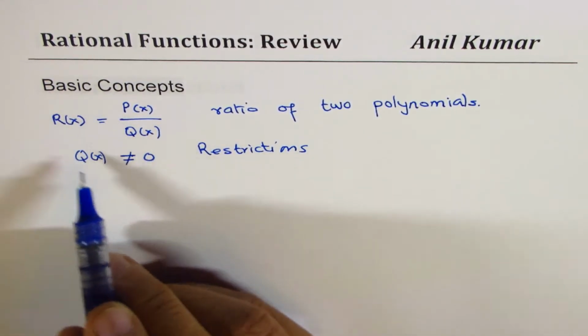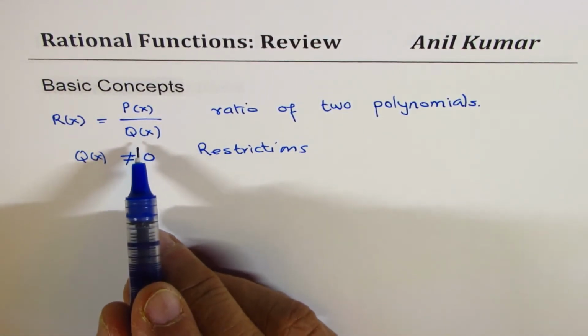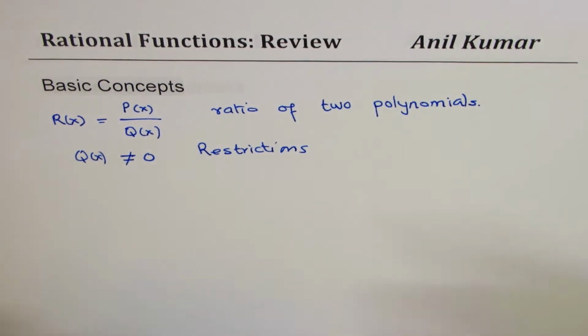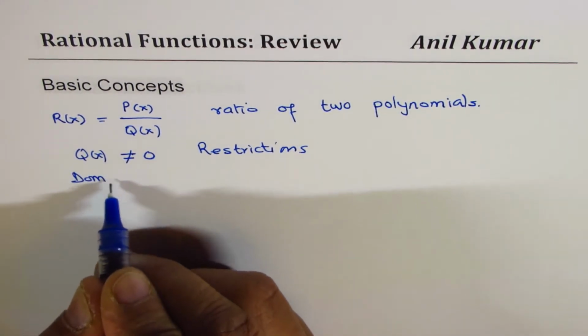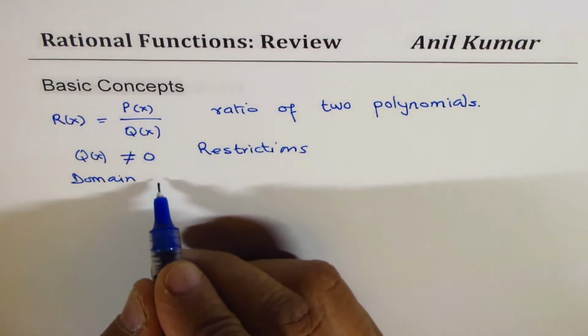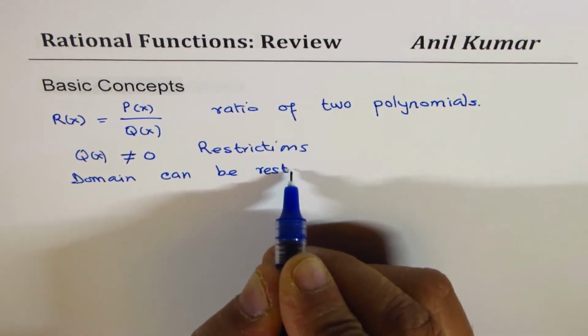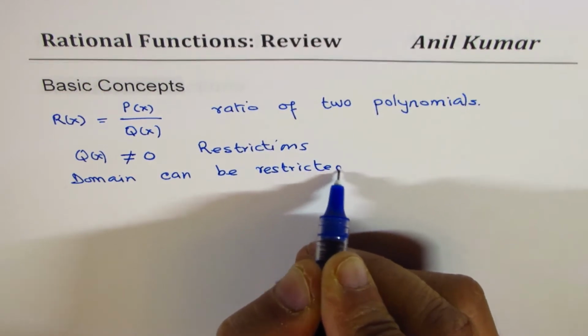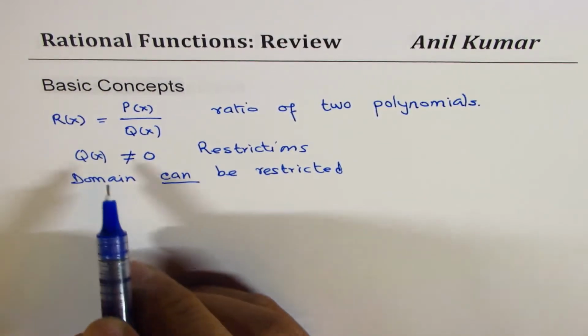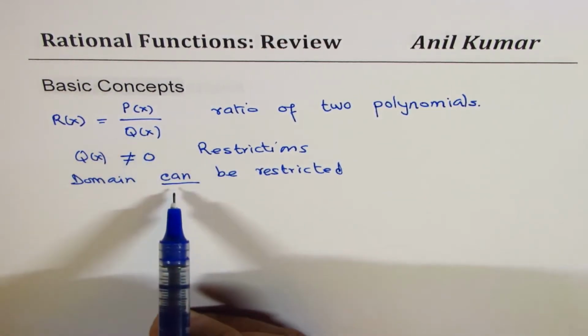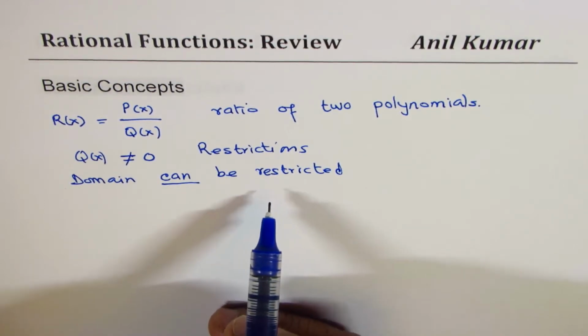So the domain of rational function can be restricted. So I'm saying, the domain can be restricted. The word can is very important. So all the values which make the denominator 0 will lead to restrictions.